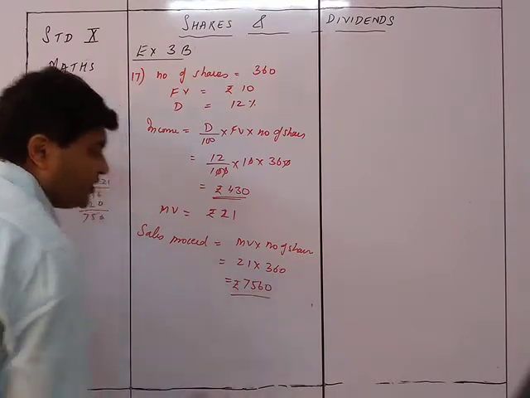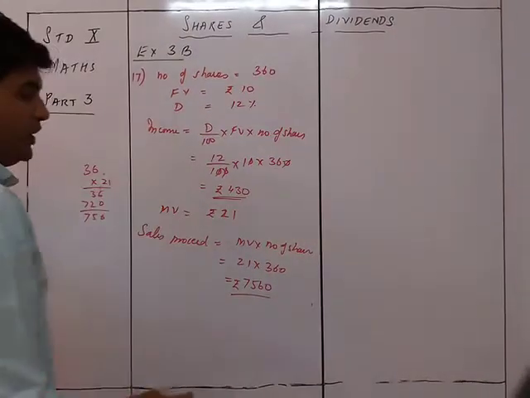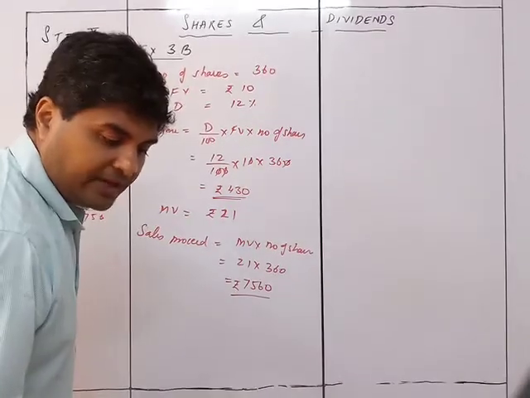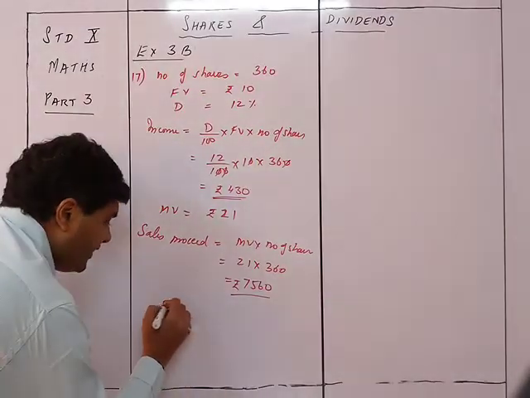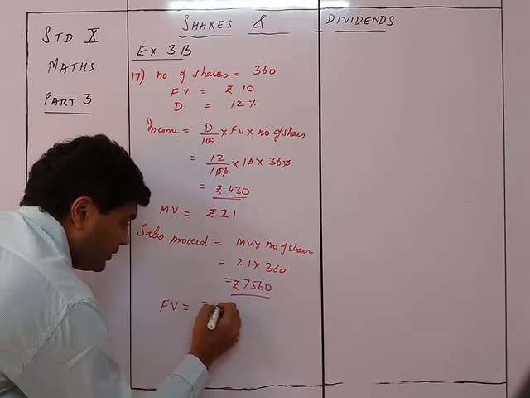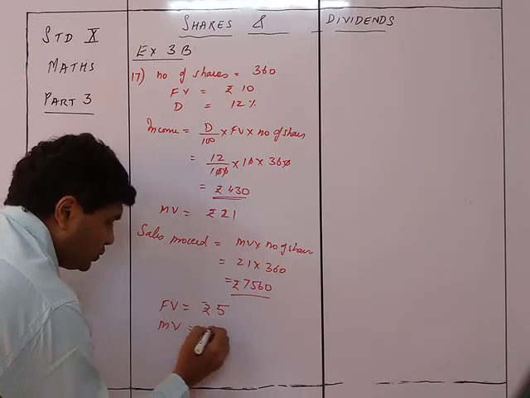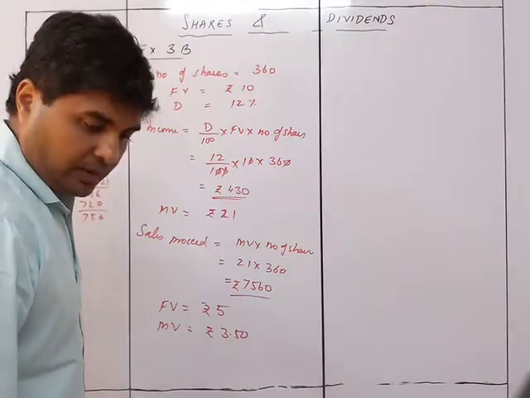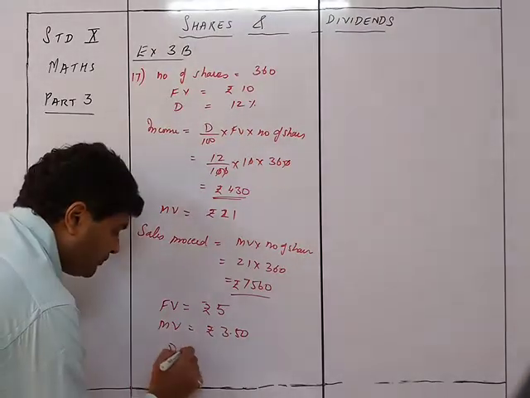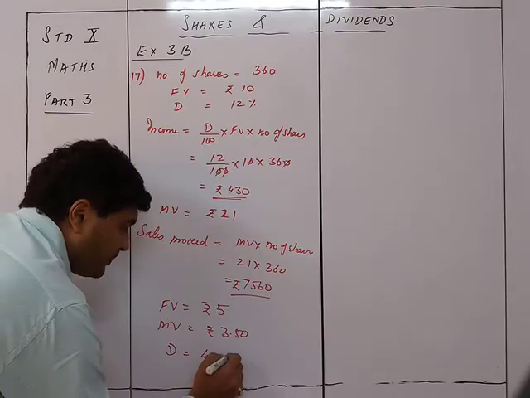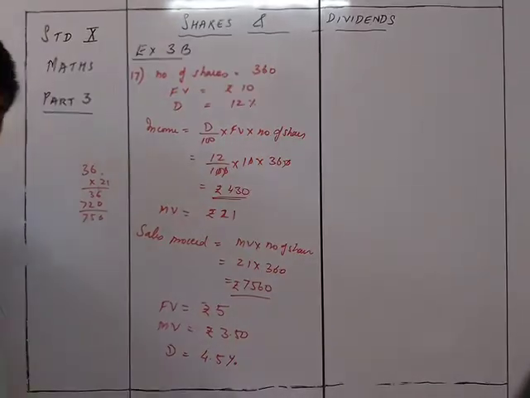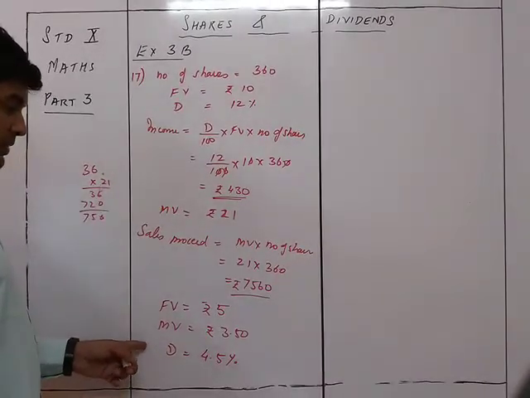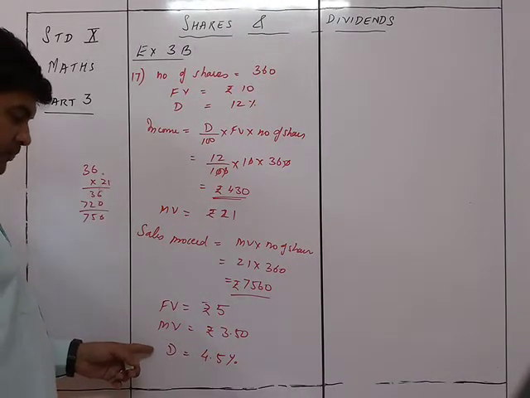The investment is 7560. Now the new shares he has bought with the sales proceeds are 5 rupee shares. So FV is equal to rupees 5, MV is equal to rupees 3.50, and paying a dividend of 4.5%. Got it?